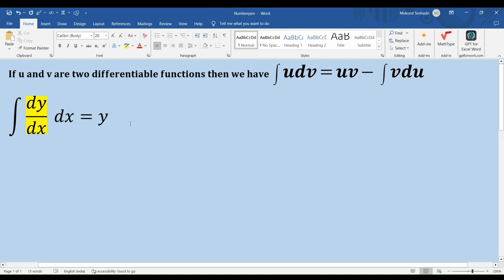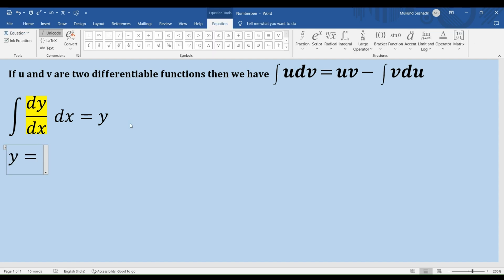So I'm going to connect this with the integration by parts identity for integral of u dv equal to uv minus integral of v du, right? What if my y is a product of two differentiable functions, u and v, right? So my y equals uv, right?